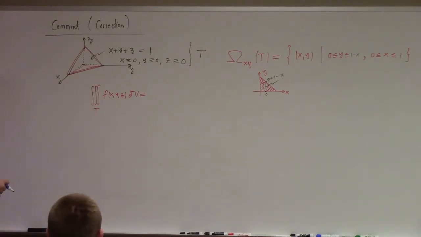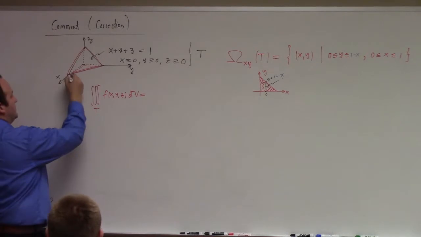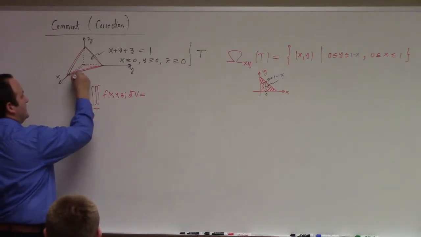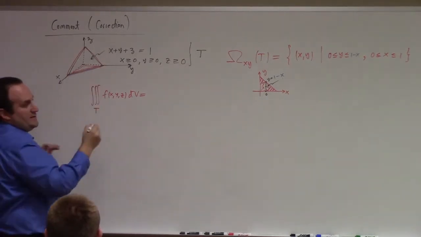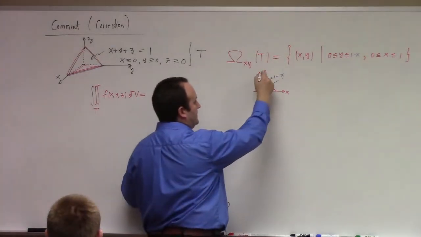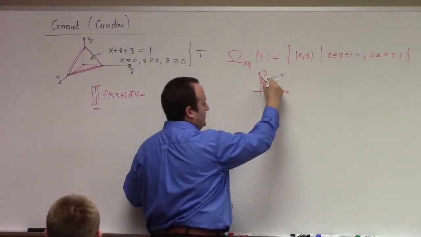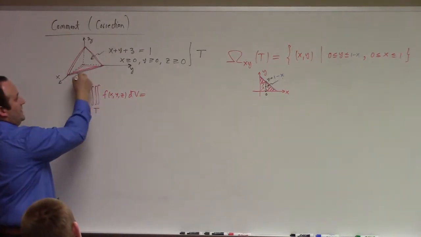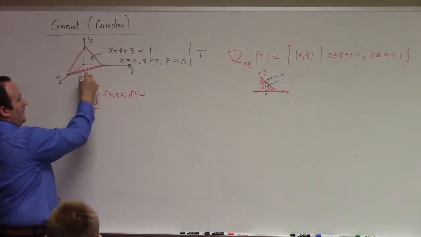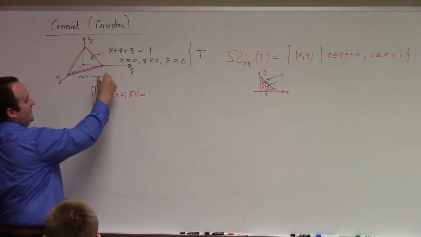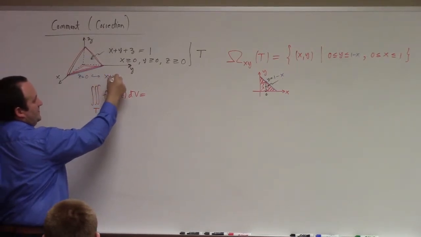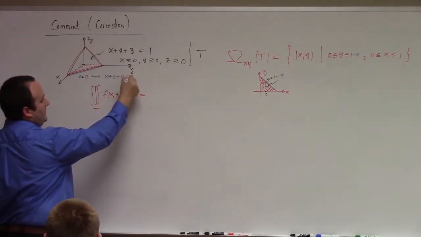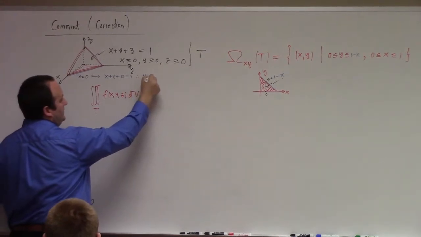Now, if you don't see this geometrically, how could you discover algebraically that this is the blue line? That's where z is equal to 0. That says x plus y plus 0 is equal to 1, therefore y is equal to 1 minus x.